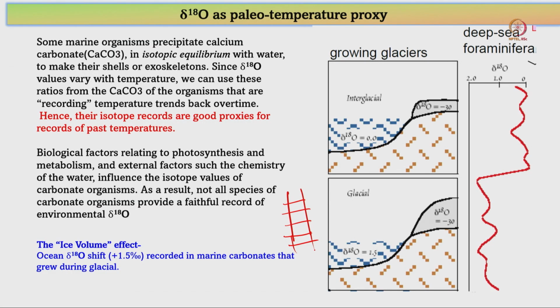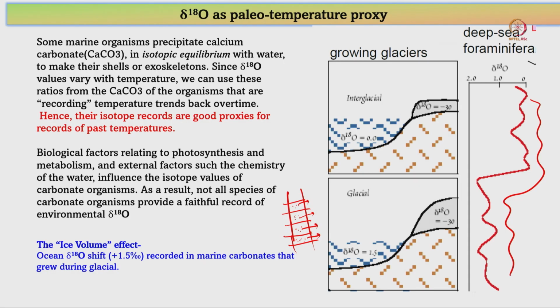So, if this is a core, you are going to divide it into equal time periods, and the forams will be there at each and every interval. At every interval you are going to pick up these forams and do this analysis, and you are going to see how this is varying.